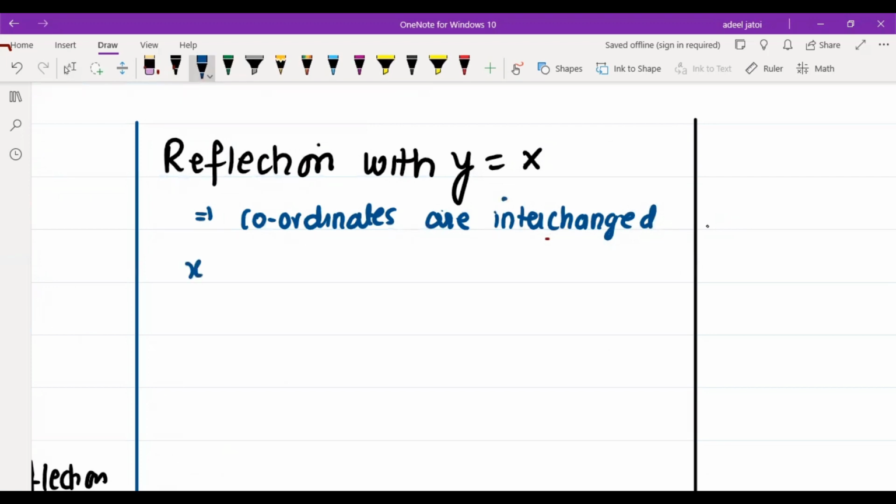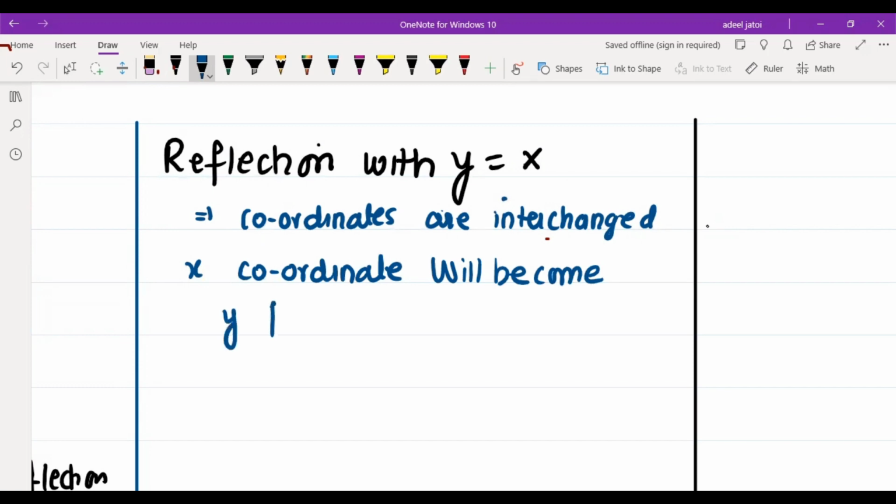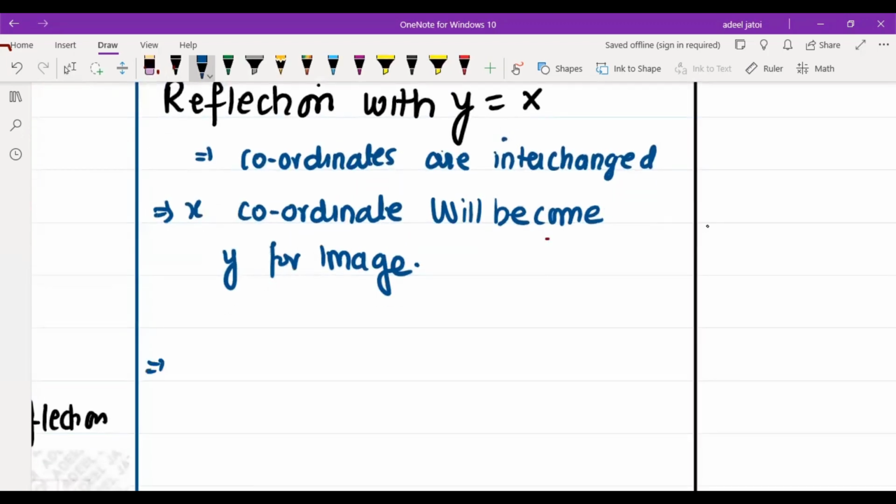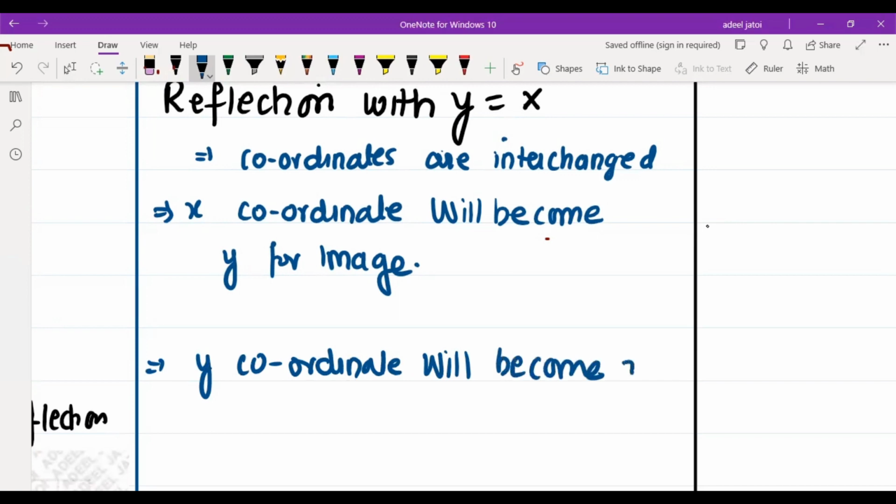That means your x coordinate will become y for the image, and your y coordinate will become x for the image.